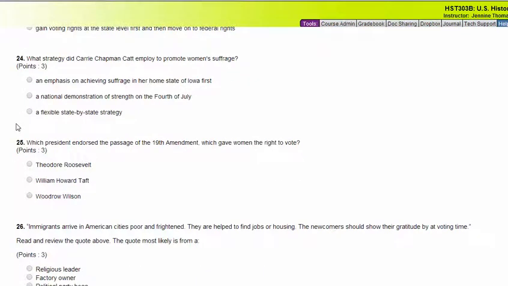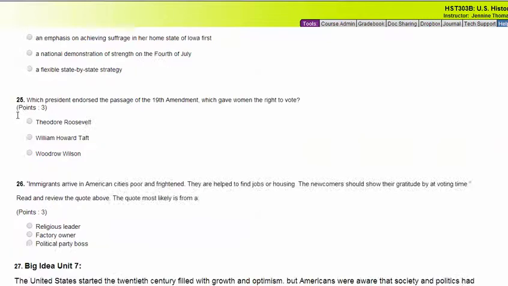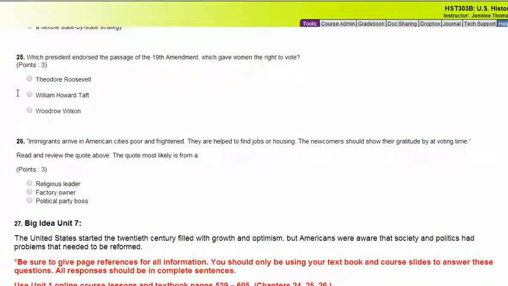Number 24, what strategy did Carrie Chapman Catt employ to promote women's suffrage? An emphasis on achieving suffrage in her home state of Iowa first, a national demonstration of strength on the 4th of July, or a flexible state-by-state strategy? Number 25, which president endorsed the passage of the 19th Amendment, which gave women the right to vote? Was it Theodore Roosevelt, William Howard Taft, or Woodrow Wilson?